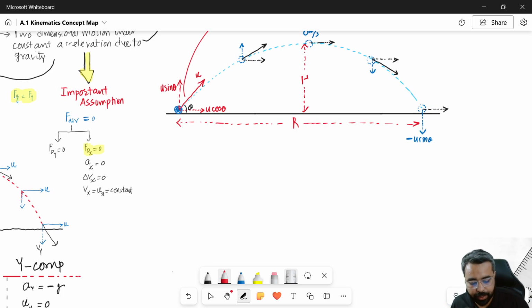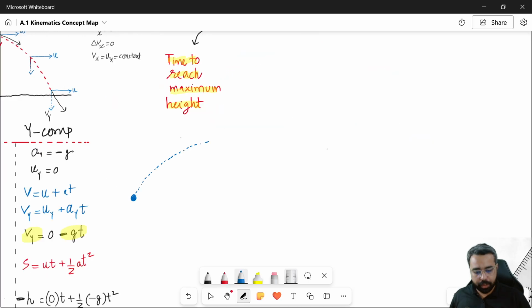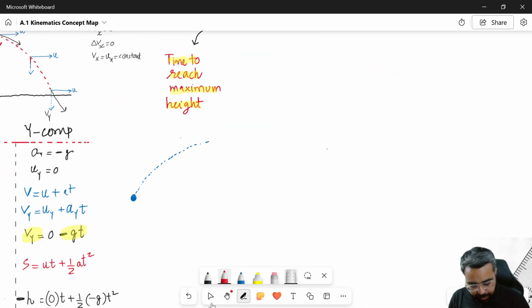So first of all, let us apply the equation of motion to find the time. Students, to find the time to reach the maximum height, we will use the vertical component of motion, because the vertical component of motion is what affects the time. In the vertical component of motion, you know the initial component of velocity is u sine theta.